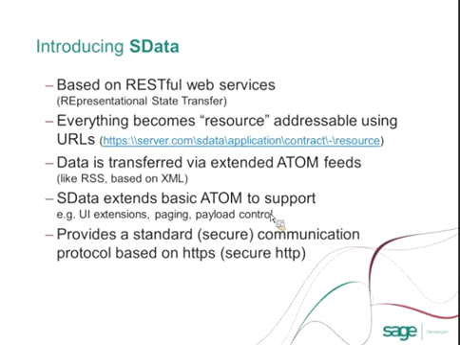All of this is based on secure HTTP, so data can be exchanged between a client and a provider very securely, and it's all using the web. So this is really nothing that Sage has invented. We're just leveraging standards that are already out there.